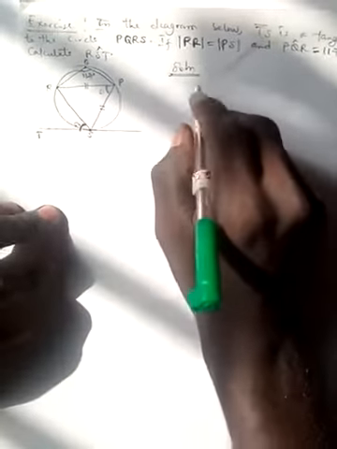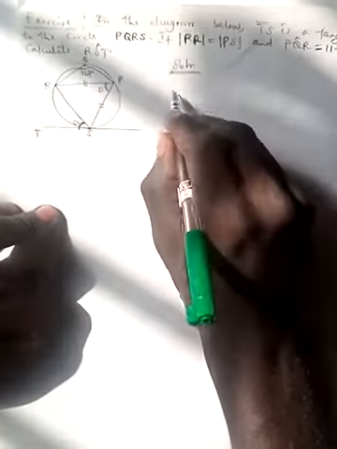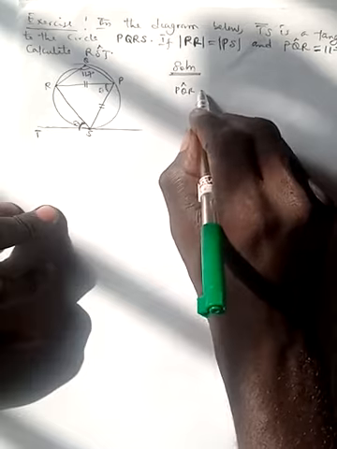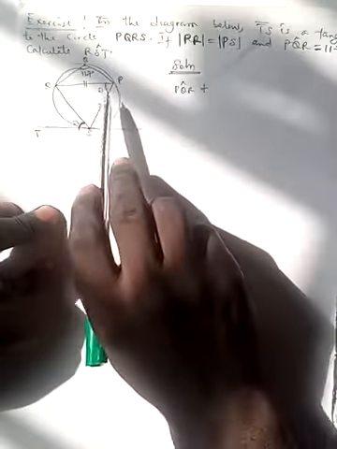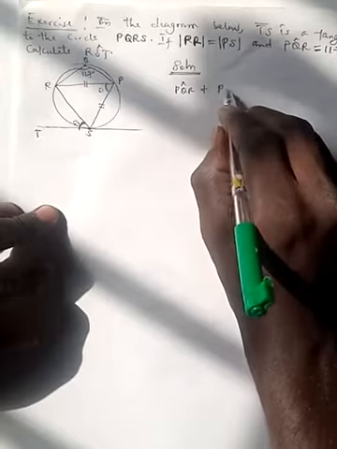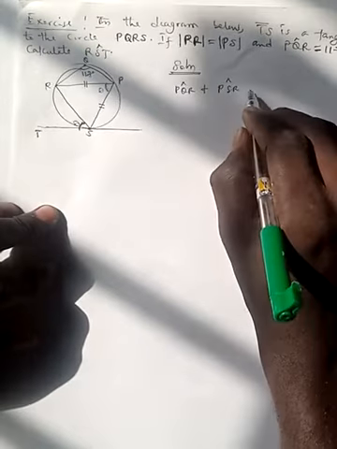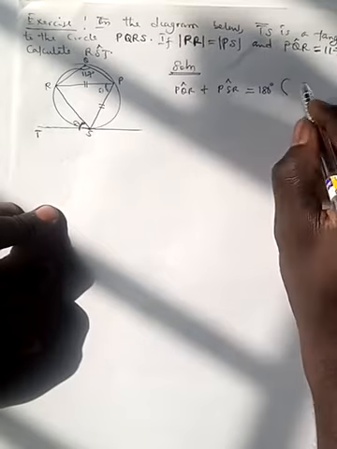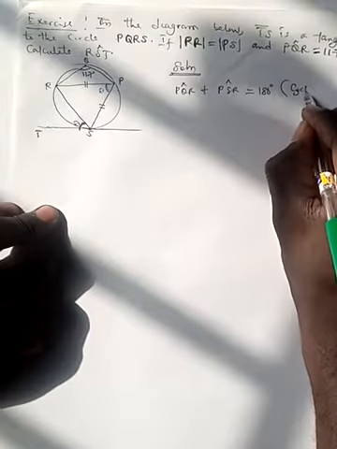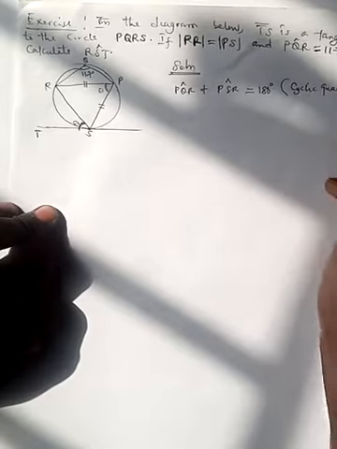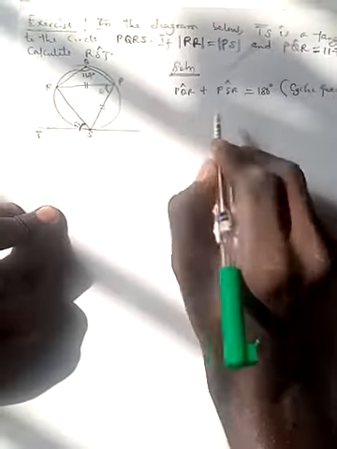Okay, so that tells us that PQR plus PSR equals 180 degrees. Reason: cyclic quadrilateral. That's the reason.